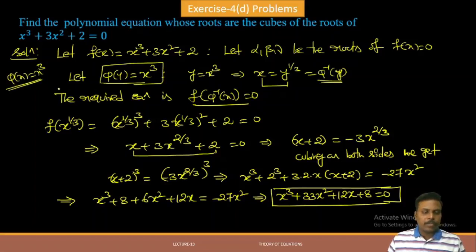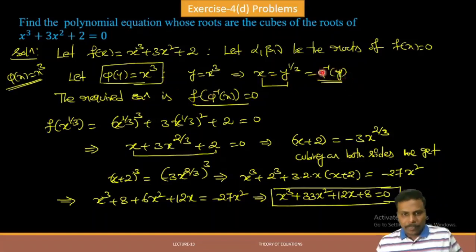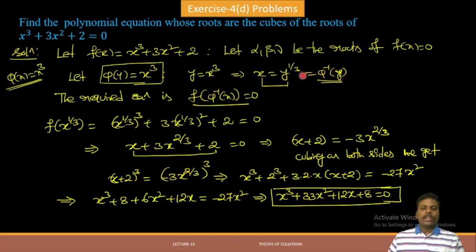Now we have to find out the inverse of this transformation. To find the inverse, y is equal to x cube I have assumed, then I have found the inverse of this. x is equal to y to the power 1 by 3, that is equal to pi inverse y. Now pi inverse y is equal to y to the power 1 by 3, the required inverse in this particular problem.